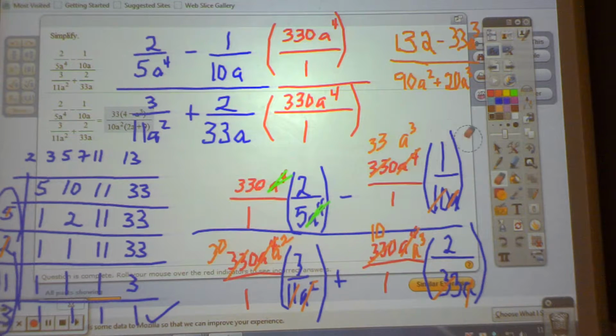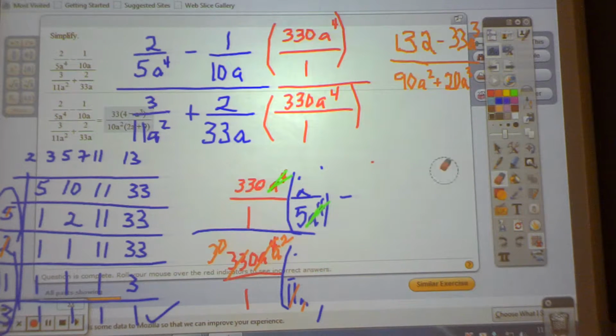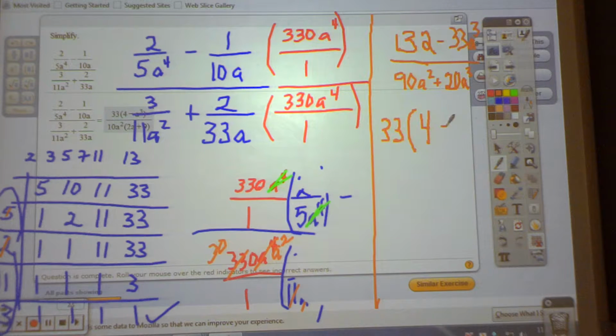Let me clear this out right quick. Did you say 33 will go into 132 44 times? No, 4. All right, so that'd be 33 times 4 minus a cubed.